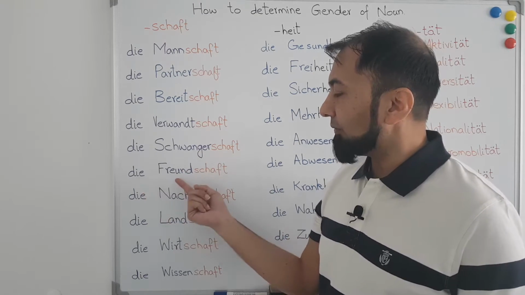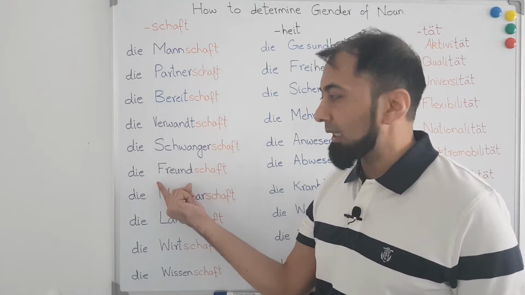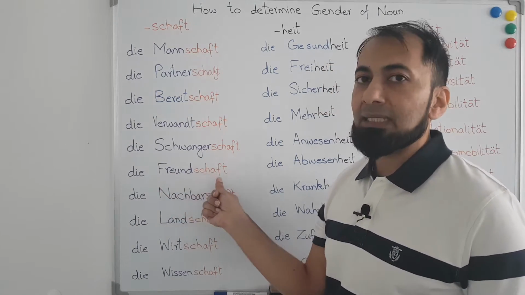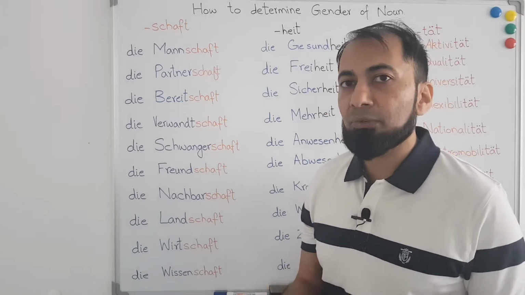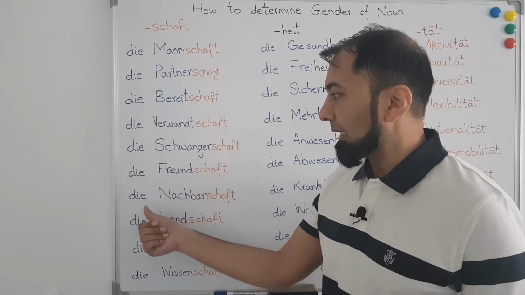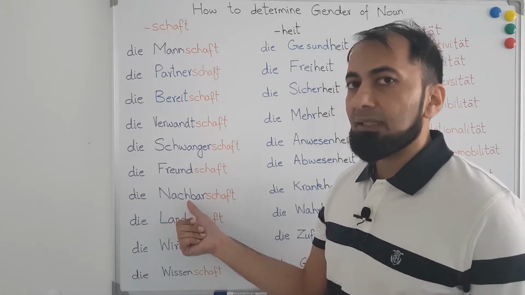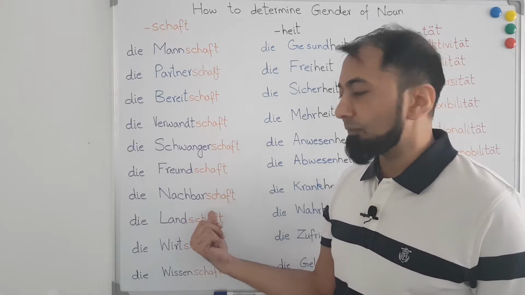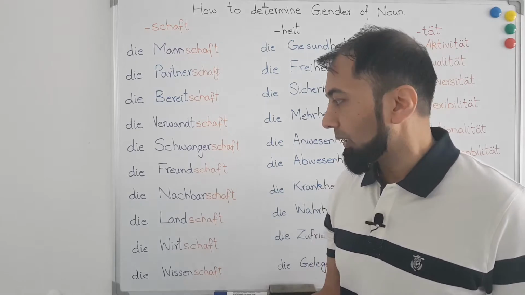Next is die Freundschaft. The word Freund means friend, and if it has a suffix -schaft, it becomes Freundschaft, and Freundschaft is a feminine noun. Die Nachbarschaft. Nachbar means neighbor, and if you put a suffix -schaft, it will become Nachbarschaft, which means neighborhood.